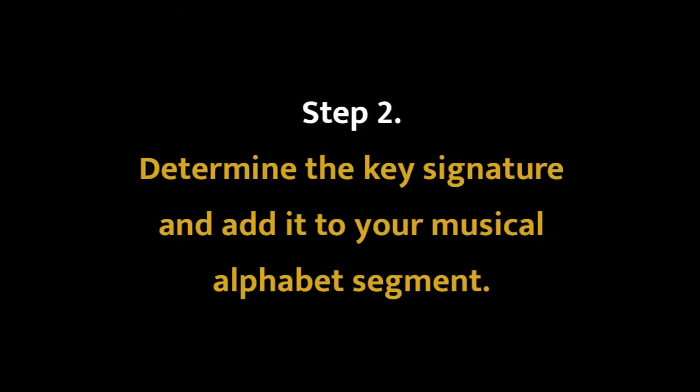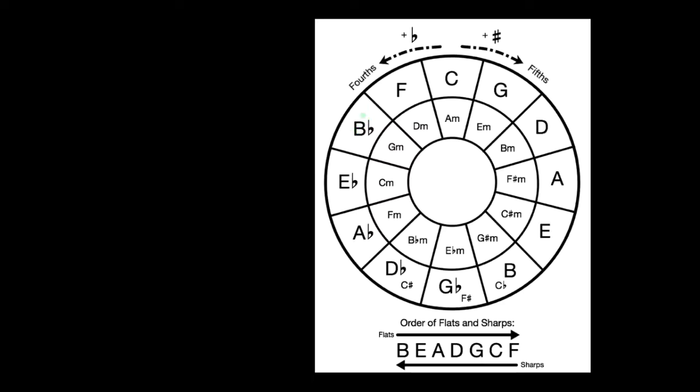Step 2. Determine the key signature and add it to the segment of the musical alphabet that you're working with. So we'll take that section of the alphabet and we'll add to it the appropriate flats or sharps associated. So since we're over here, 2 slots to the left of 0, we're going to add 2 flats. What 2 flats will they be?